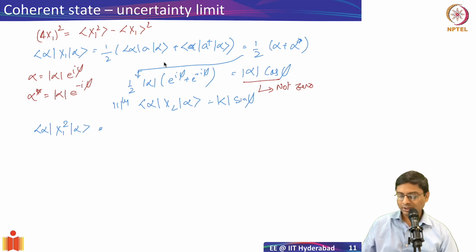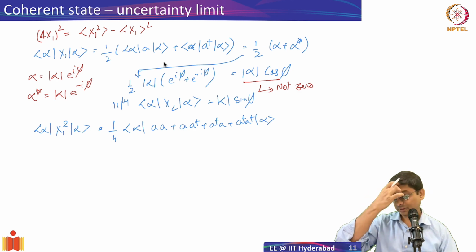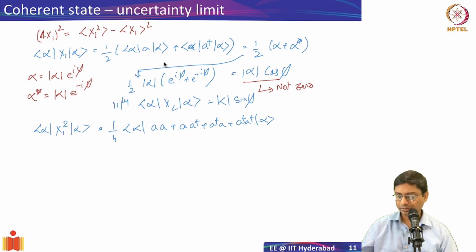X1 square is going to be 1/4 alpha, AA plus A dagger plus A dagger A plus A dagger, alpha. Correct? A dagger acting twice will not be orthogonal, so this will go to 0. This will go to 0. So what about A dagger A and A A dagger?